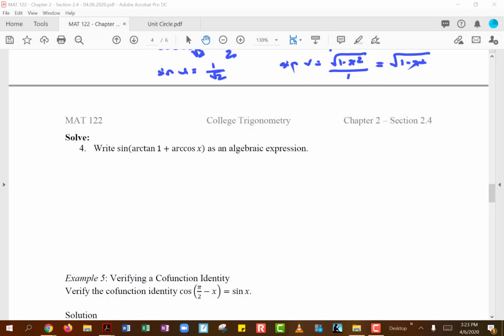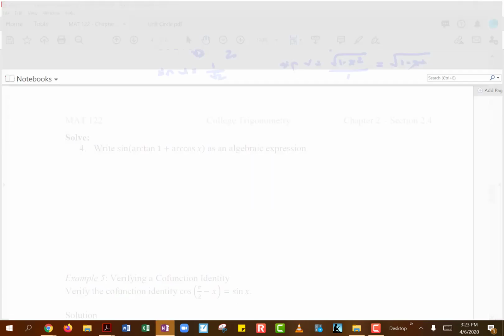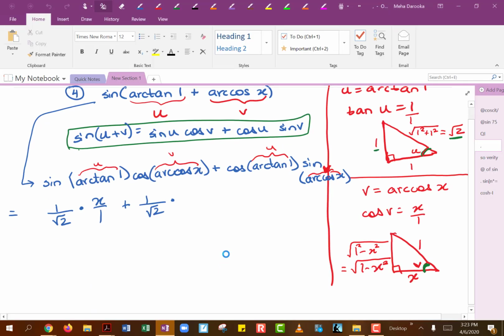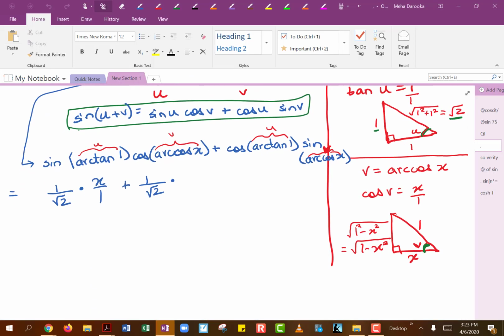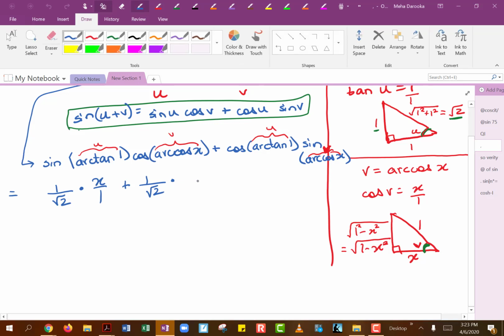Now what I actually do prefer, whoa, what happened? There we go. I actually do prefer to rationalize my denominators first. Oh, looks like I lost that. So I would go ahead and multiply both my numerator and denominator by square root of 2 and do the same thing here.